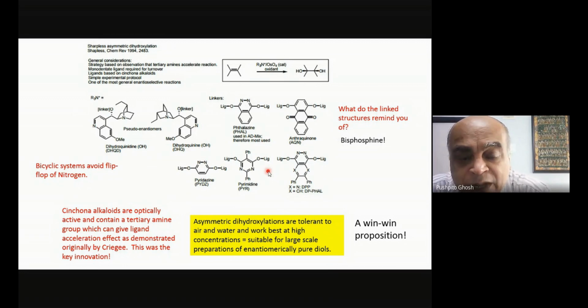But all that changes if I tie up the nitrogen, for example in these bicyclic compounds. This is also an amine, with three bonds around the nitrogen, and some of these have chirality. But these ones will not flip-flop like that.